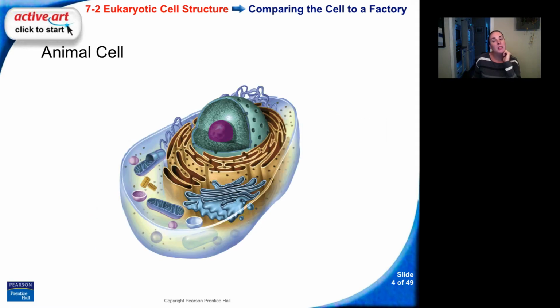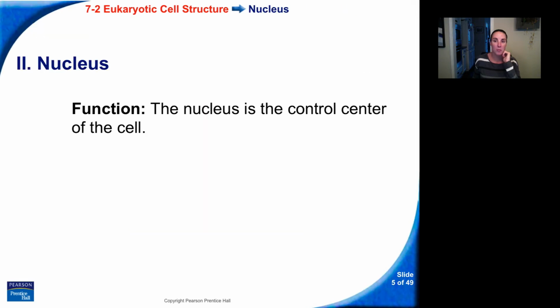In the animal cell we're going to go over some of the very same structures: nucleolus, nucleus, nuclear envelope, rough endoplasmic reticulum, centrioles, mitochondrion, Golgi apparatus, ribosomes attached, cell membrane, ribosomes free, and smooth endoplasmic reticulum.